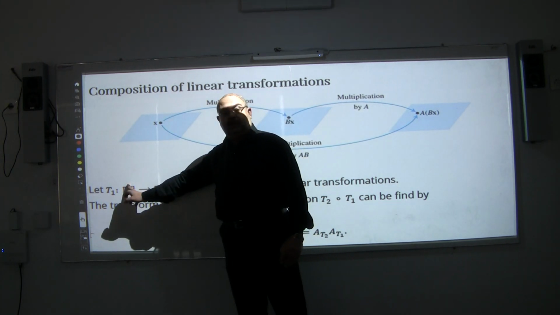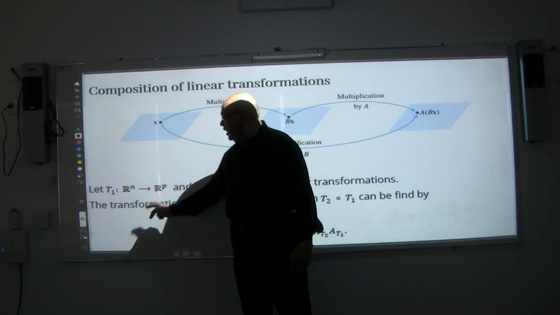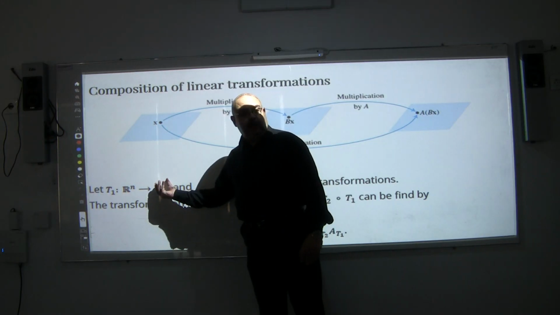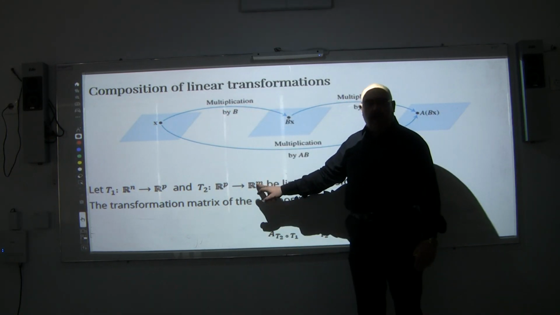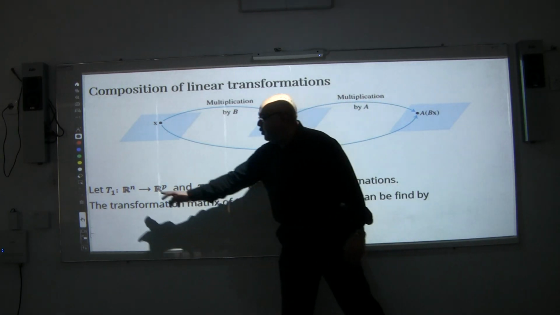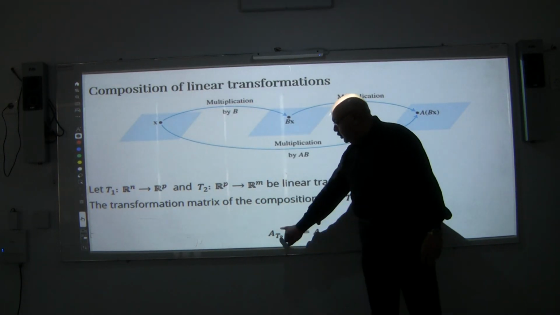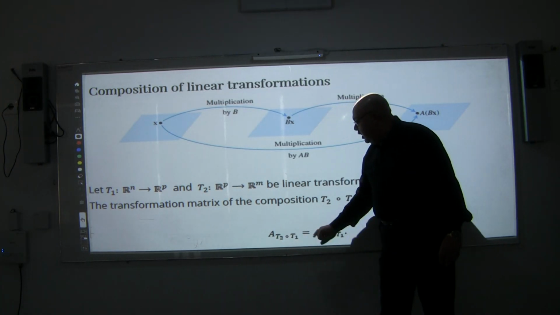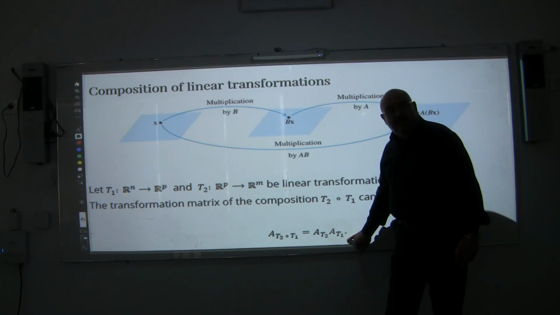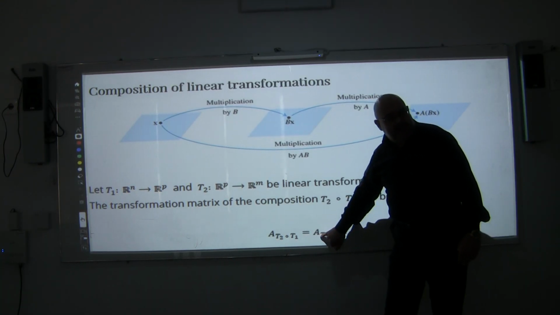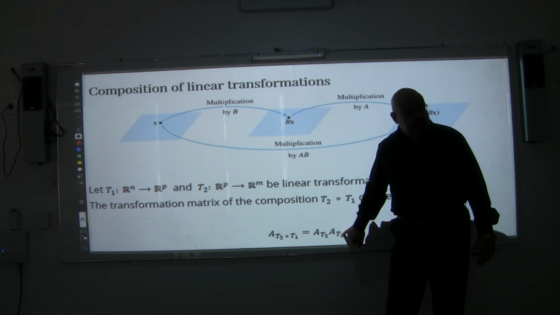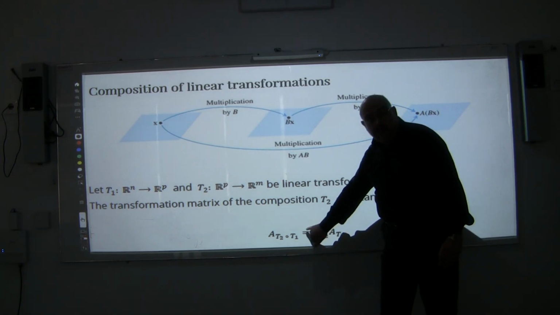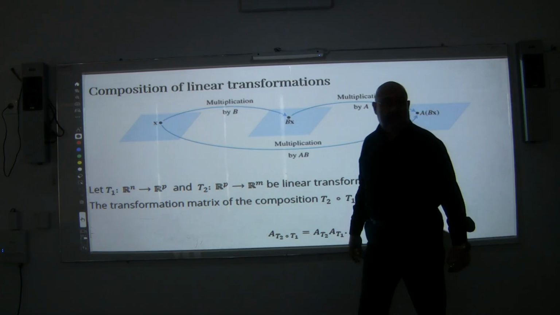That's the input Rn, and the output after transformation is Rp. Then T2 receives the output and moves it on. If I want to move directly from n to m, all I have to do is multiply the matrix of T2 times the matrix of T1. I only have to multiply these two matrices, and I will be able to move X to the end of the line, as you see on this slide.